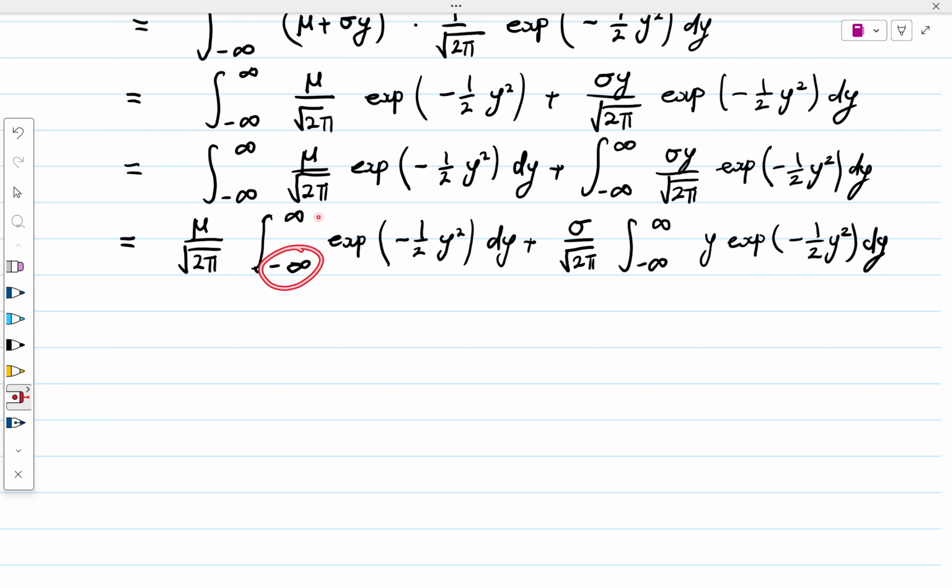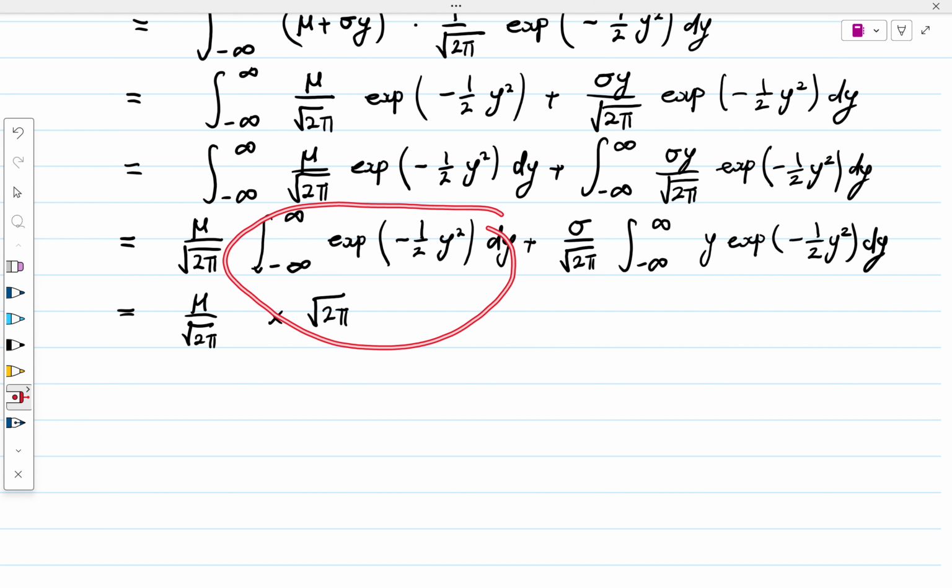The integral of negative infinity to infinity of the exponential of negative a half y squared, by definition, so I'm going to write the first term here, is the square root of 2 pi. That is a well-known integral. We will cover why this integral is the case in a separate video, but for now we will take this fact as given.